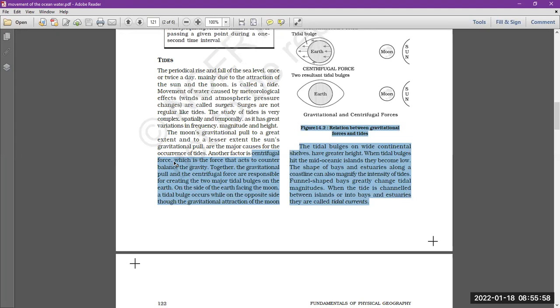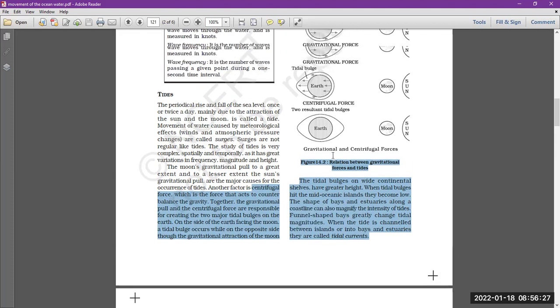There are two forces, centrifugal and centripetal. Centripetal attracts the object towards the center, and centrifugal tends to move the object away from the center. वो तो सेंटर की तरफ खींचता है, और सेंट्रीफ्यूगल सेंटर से बाहर की तरफ मूव करता है.